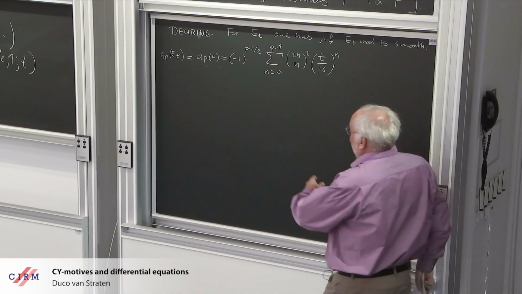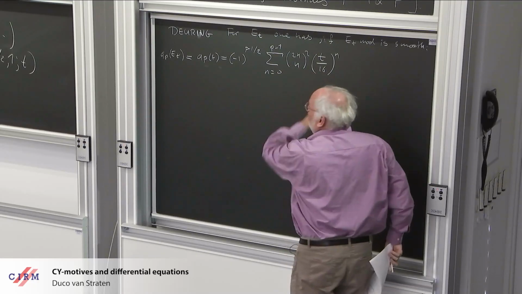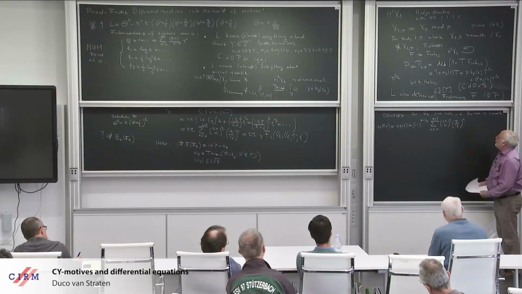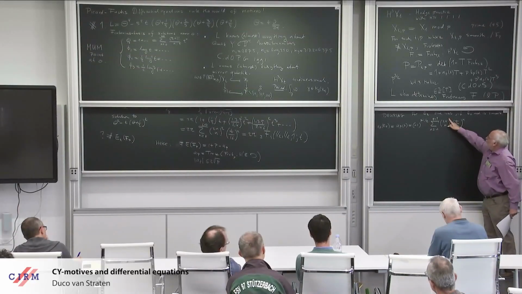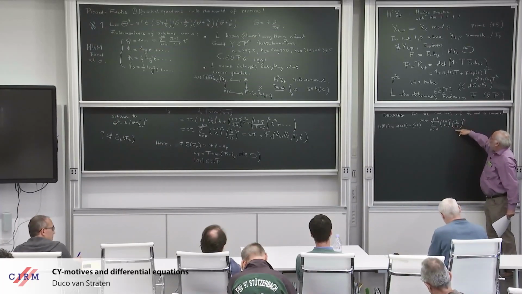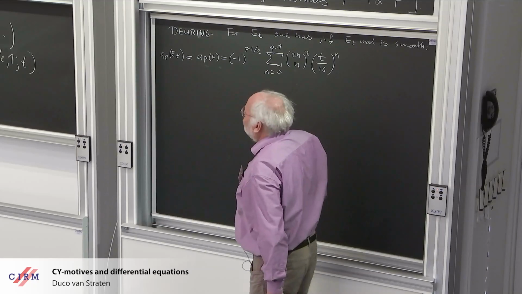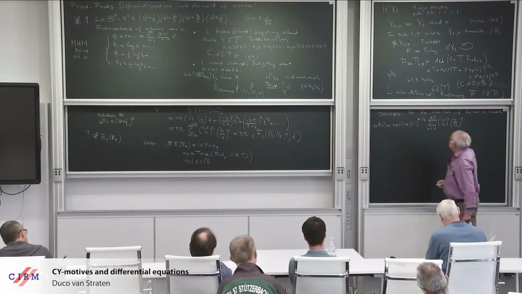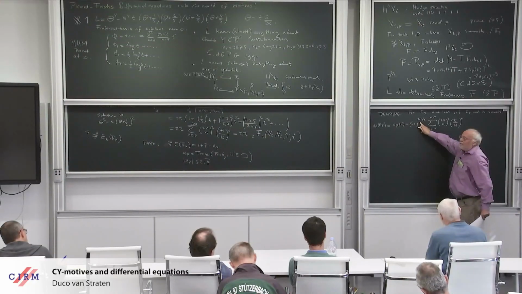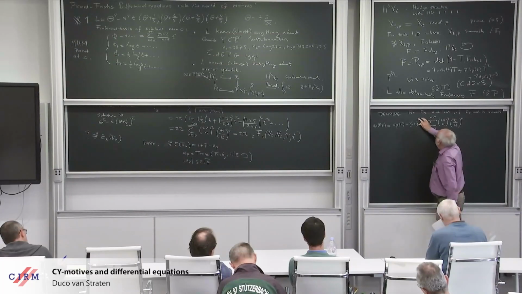What you have is now a polynomial in t. So you take these binomial coefficients and take a sum of the first p terms of the same series as there. And then you have to multiply it by a sign.